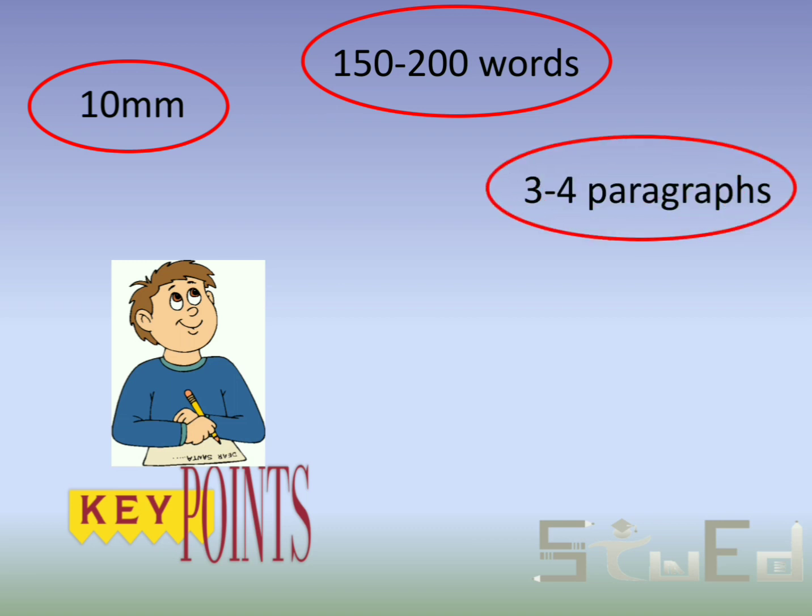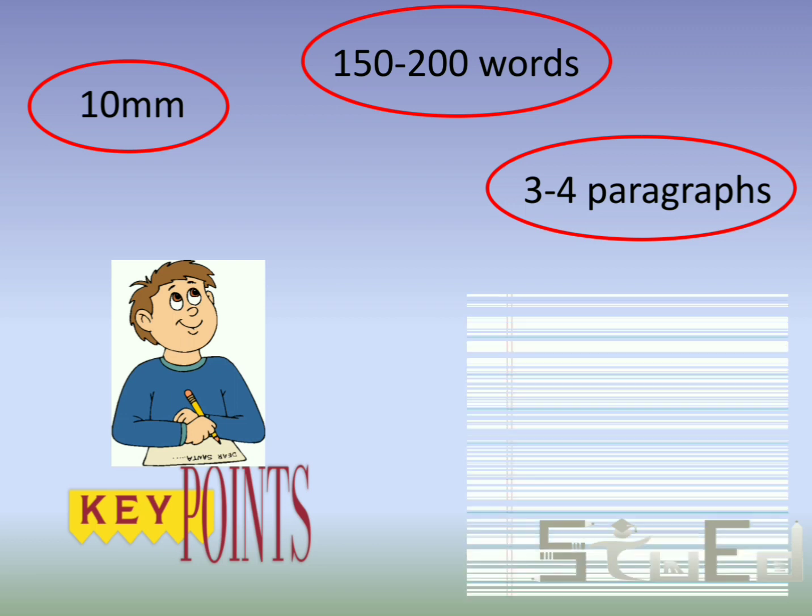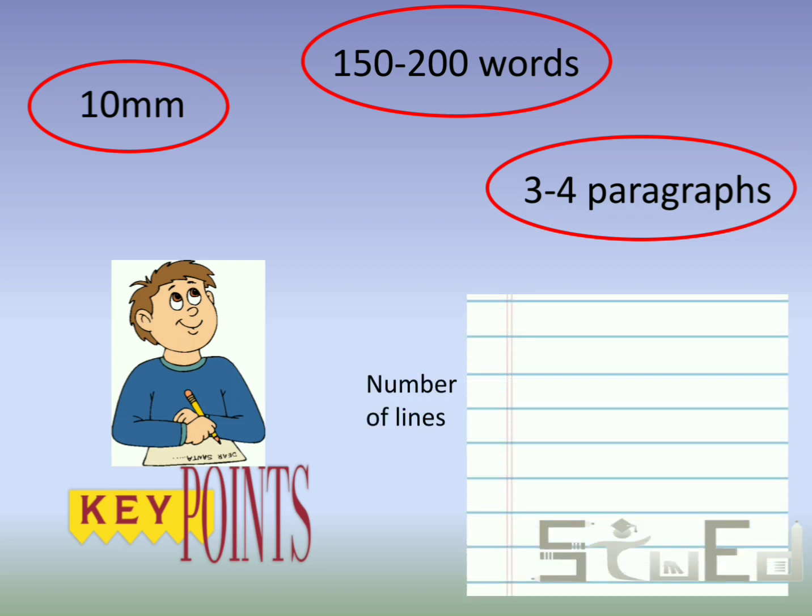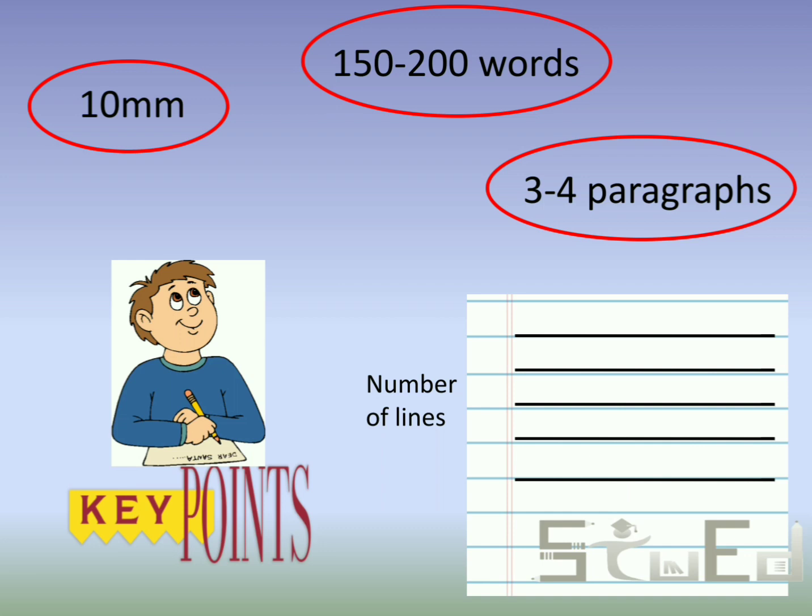Alright, and here is a way to count the words. Obviously in exam, while writing your paper, you are not going to count each and every word, but what you can do is you can count the number of lines and multiply it with the number of words in each line, so you will get an average of how many words you have written.